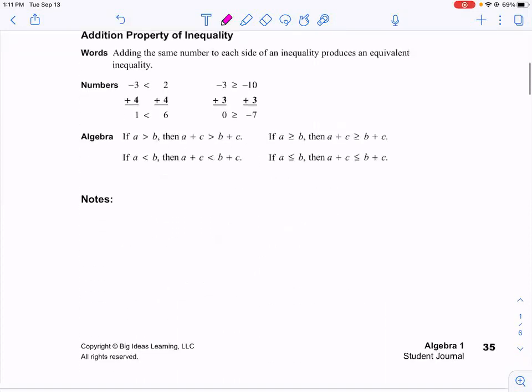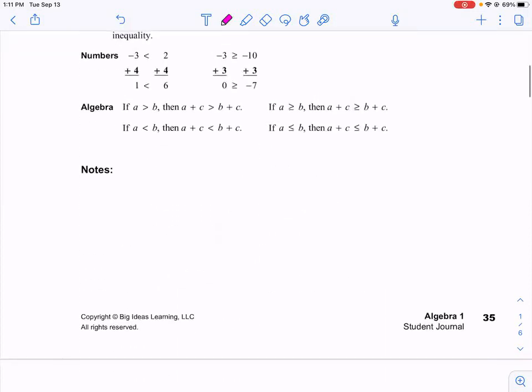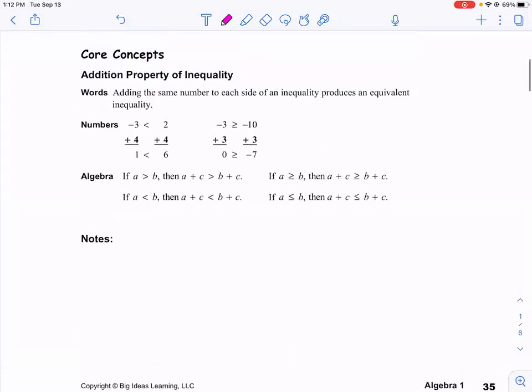All right. So what I want you to do is on page 35, we're going to look at this property right here. If we have an inequality, like A is greater than B or A is less than B, just like with an equation, we can add the same number to both sides.